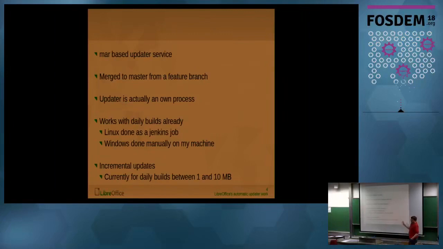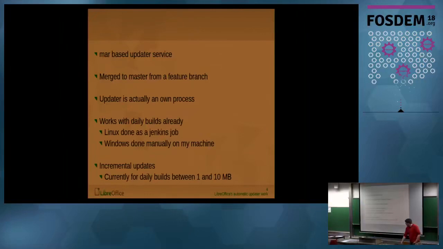A full build is about 180 megabytes, and the incremental updates that are generated are between 1 and 10 megabytes. The 10 megabytes happens, for example, if someone decides to include new images or something like that, or if someone changes a huge part of the code.